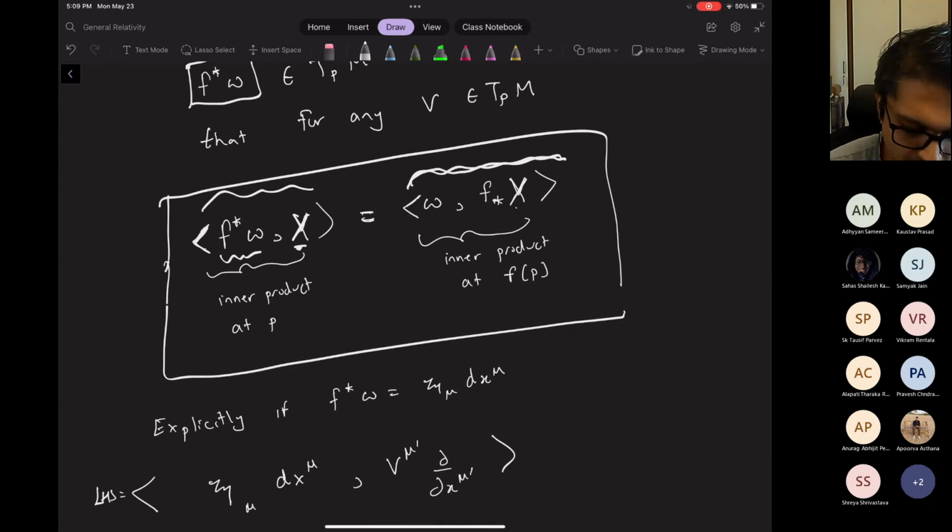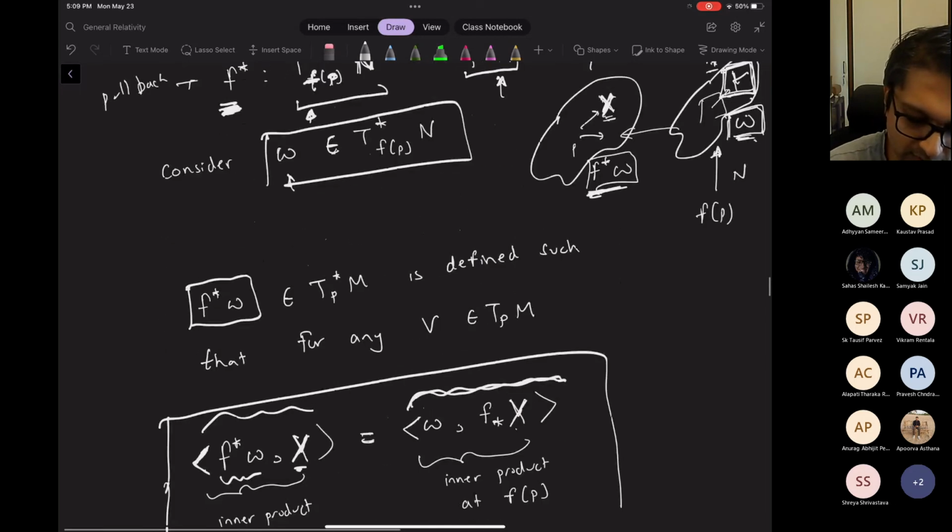So suppose that this dual vector f star omega, which is a dual vector at P, can be written in components as xi mu dx mu. Remember the coordinates are x mu, so the basis of dual vectors is dx mu.